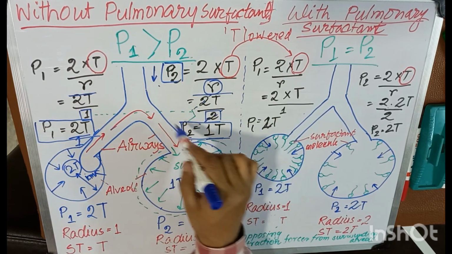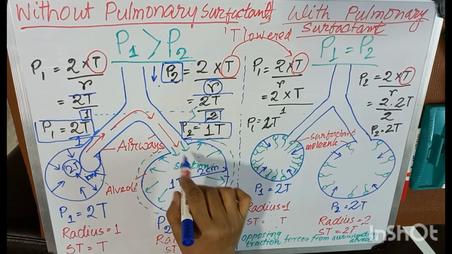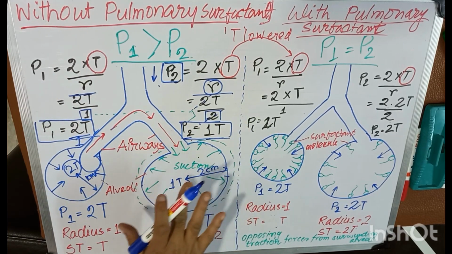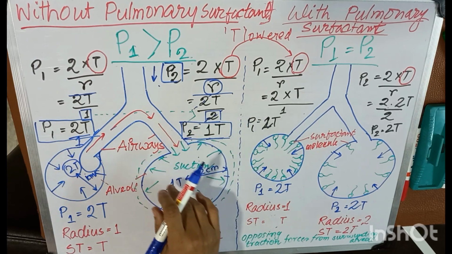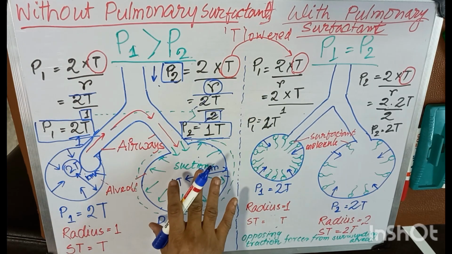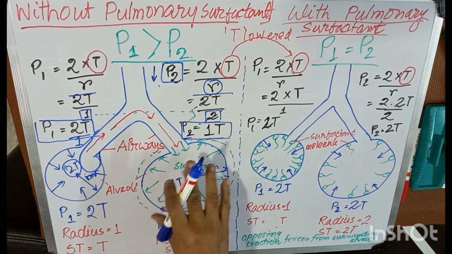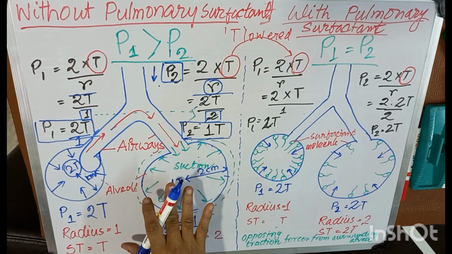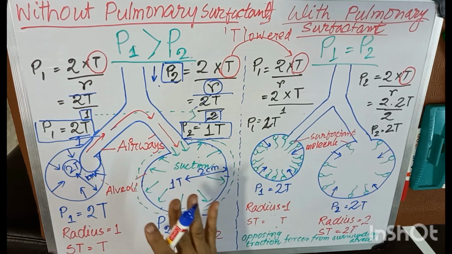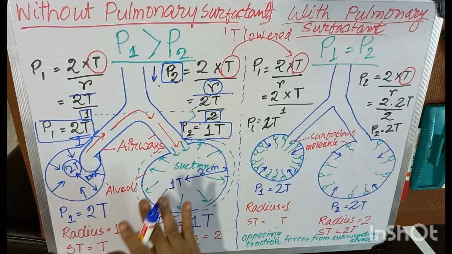More alveoli from the surroundings will be sucked in, and as it gets bigger, its pressure gets lowered even more, and more alveoli from the surroundings will get sucked in. This alveolus keeps getting bigger, and eventually it will occupy the full lung volume, and the total lung surface area will go down and down.